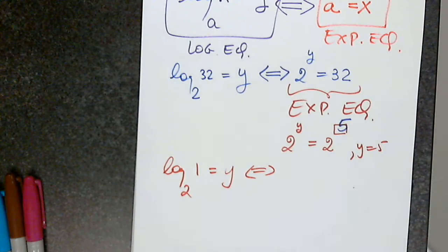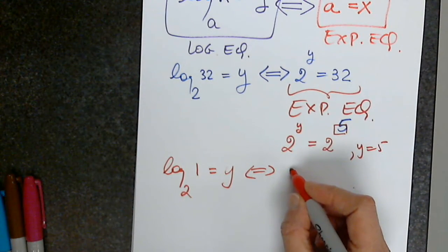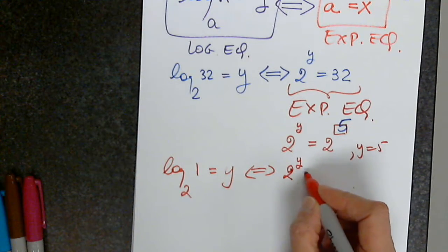So, let's see what that is. I want to change the log equation into an exponential equation. What do I have to write? 2 raised to y equals 1.